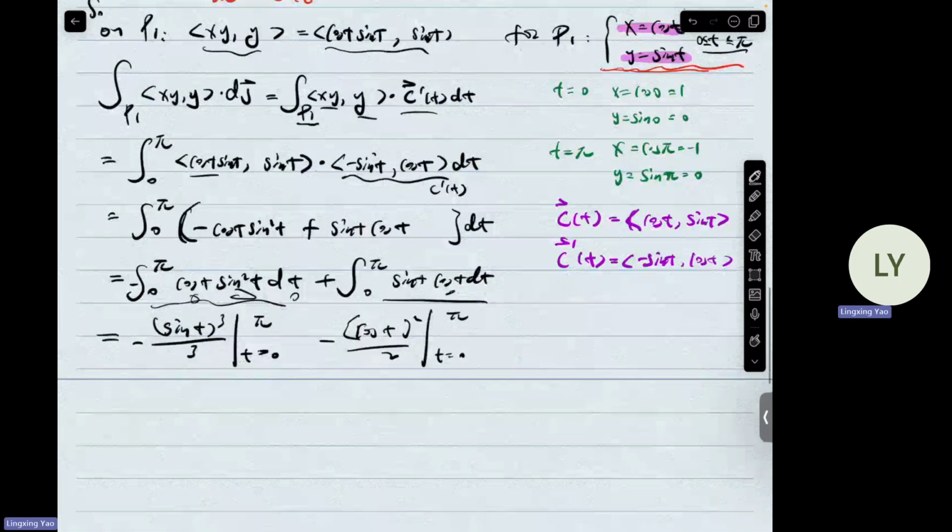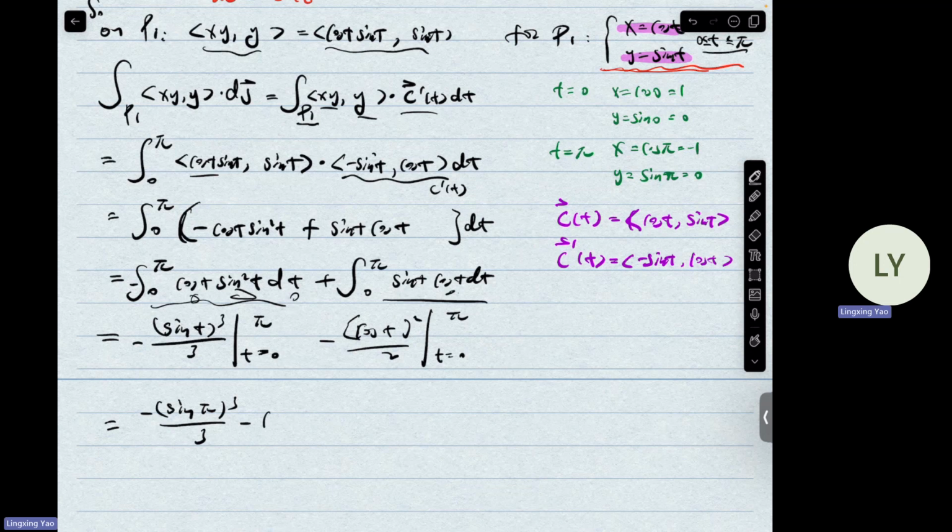Okay, so now we can compute those two. Well, we realize they are all 0. It seems negative sine pi cubed over 3 minus negative sine 0 cubed over 3, because sine 0 is 0, right? So this is a 0 minus 0.